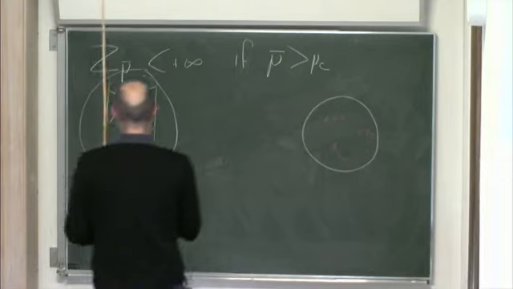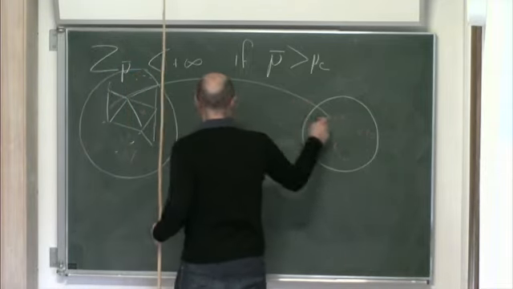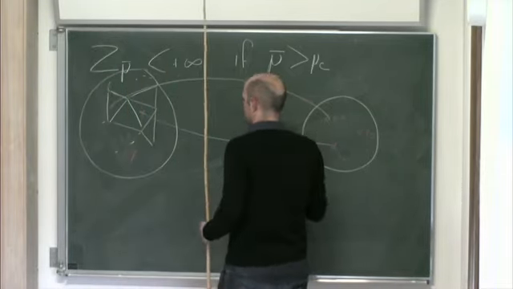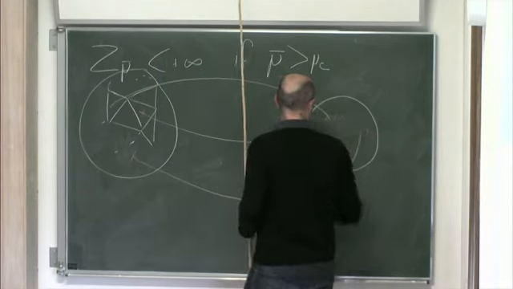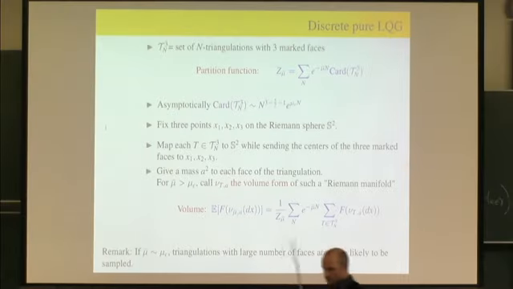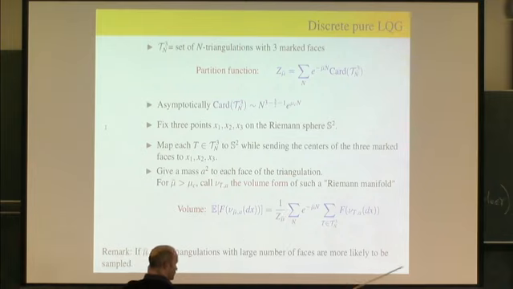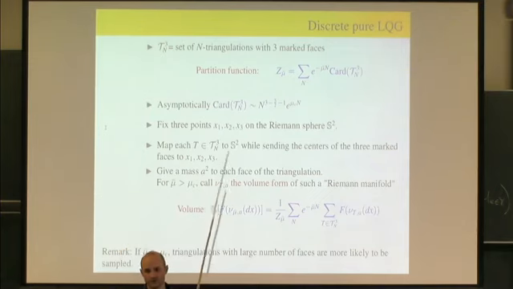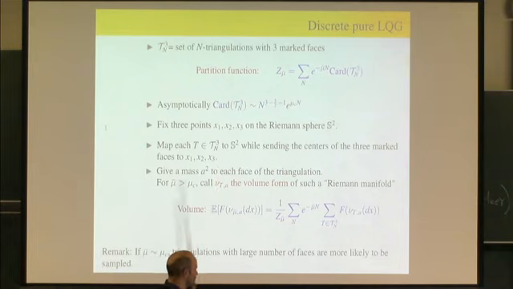So you will send this one here, and this one here. Once you've imposed the condition that the three marked faces be sent onto the three marked points, you get a unique uniformizing map which sends your triangulation with its conformal structure onto the sphere with these three marked points.